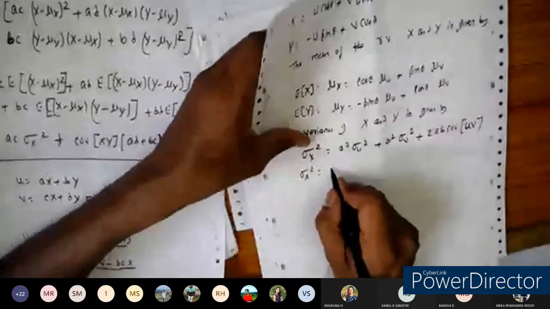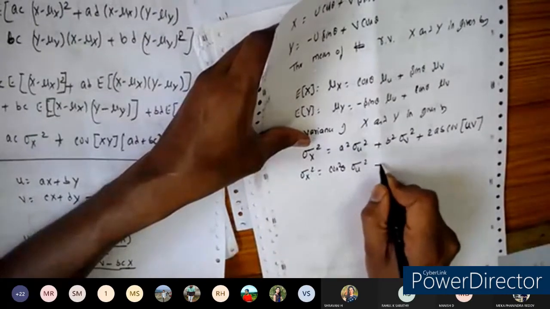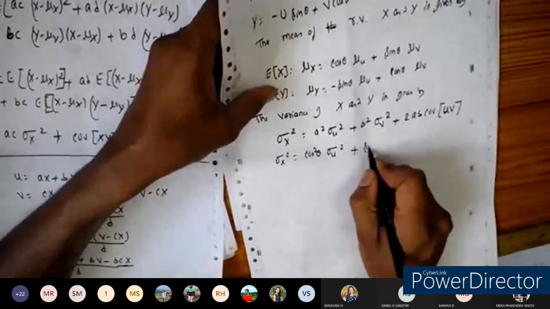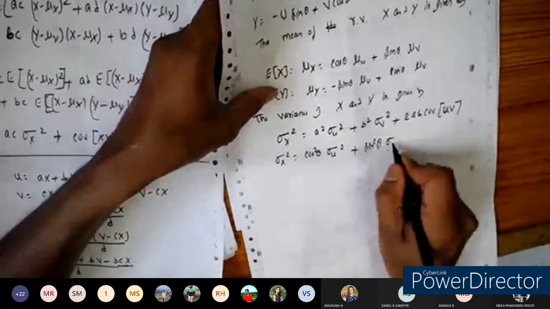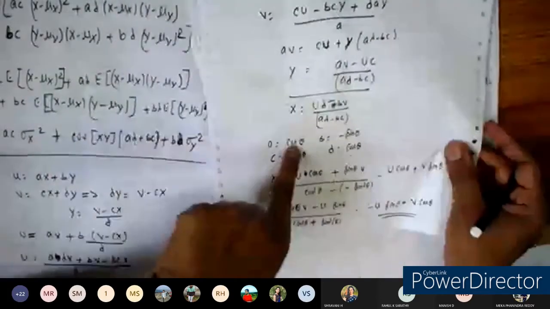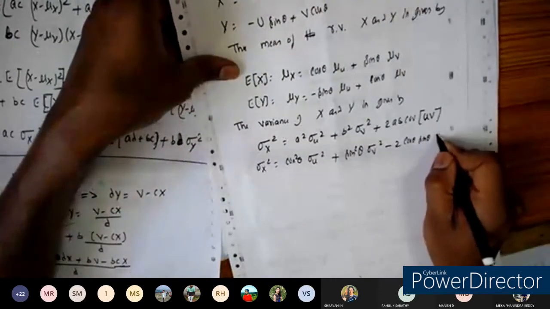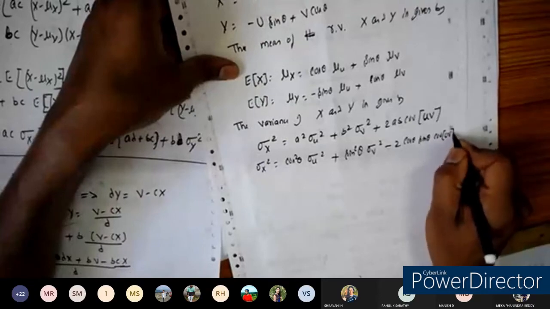So sigma x square is cos square theta into sigma u square, plus sin square theta into sigma v square, minus 2 cos theta into sin theta into the covariance of u and v. Okay, done.